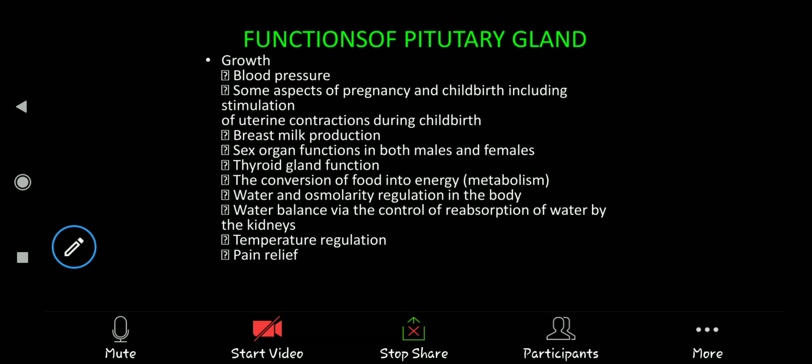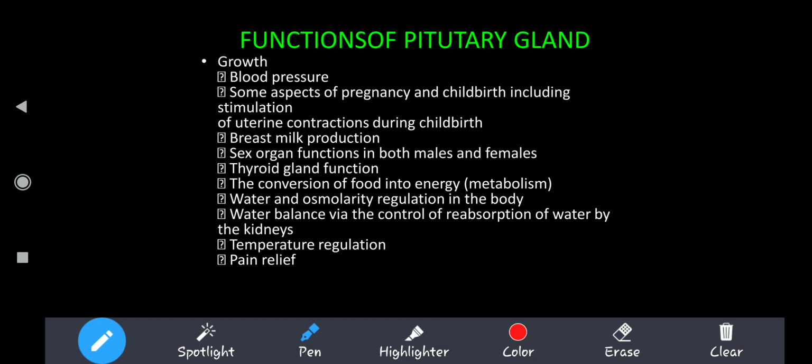The functions of the pituitary gland are extremely important. I said that the pituitary is like the principal. The principal has a lot of stuff to do, like parent-teacher meetings, looking after the schedule of the teachers, looking after the kids, maintaining school discipline, having conferences and meetings with higher authorities.